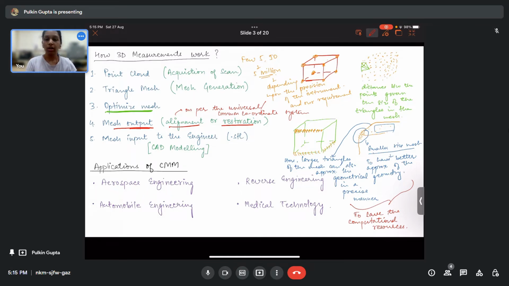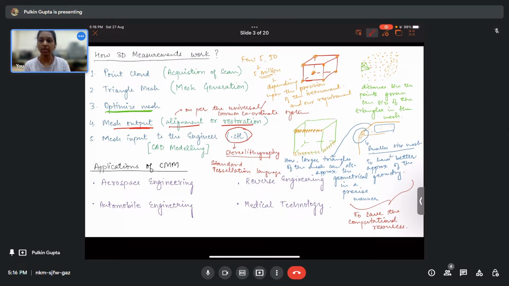Now, when you have aligned them and optimized the mesh, you save that in STL format, which is stereolithography or standard tessellation language.